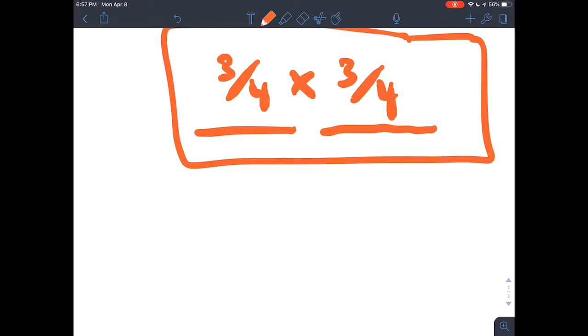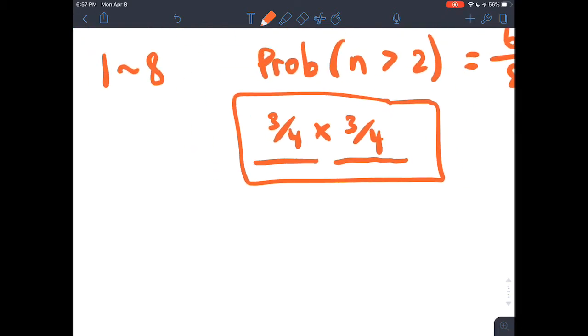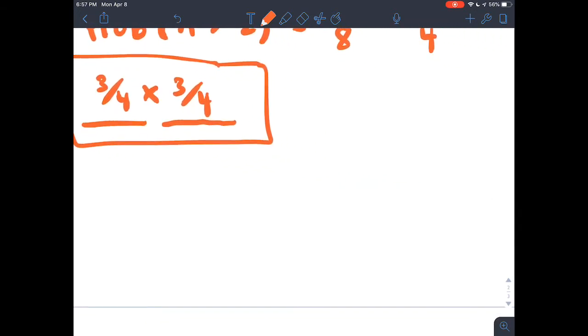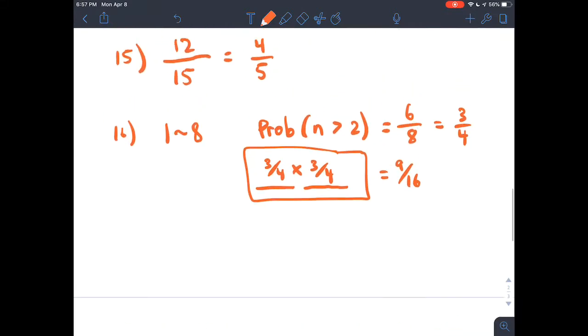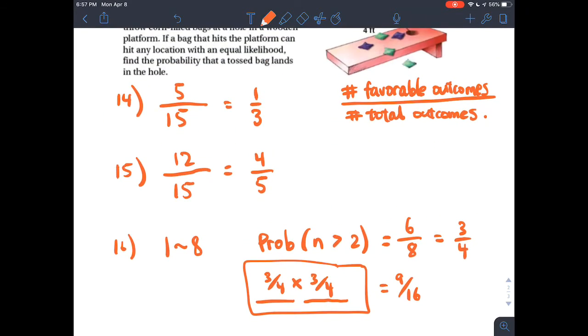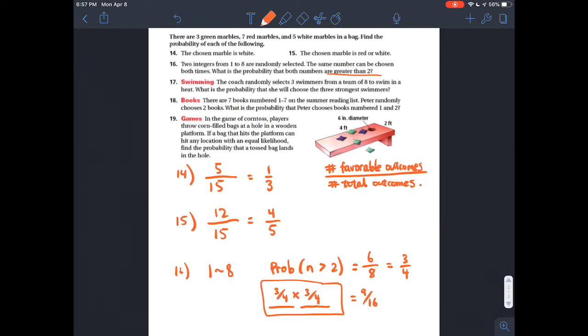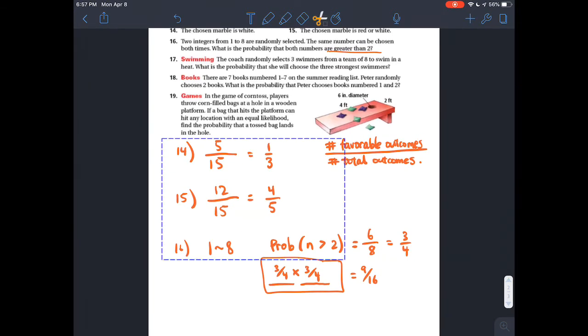So we want 75% of 75%, or 3/4 of 3/4, which is 3/4 times 3/4. So the answer is 9 over 16. Okay? All right, so that was number 16, 9 over 16.